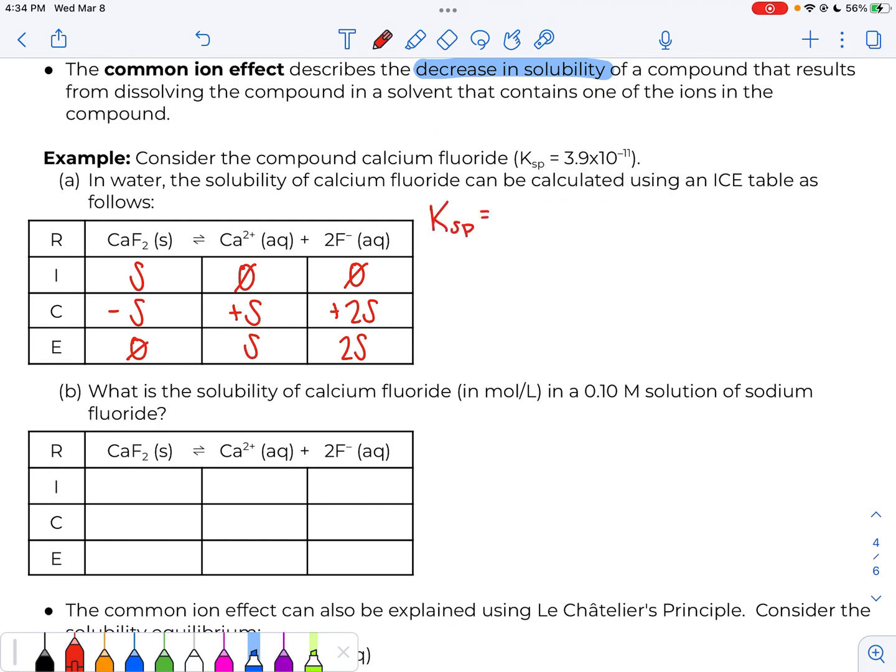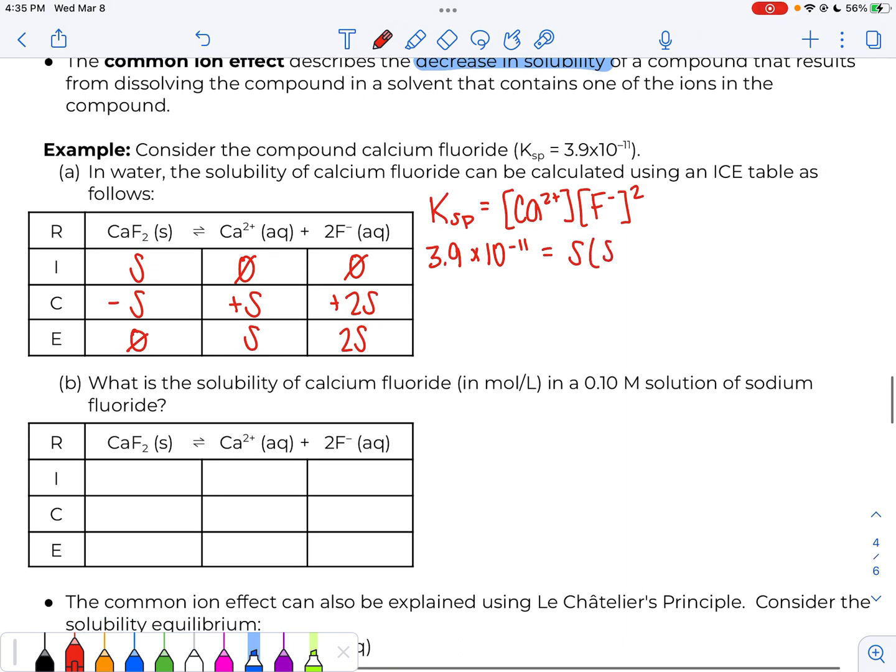All right, so our Ksp is going to be equal to the concentration of our ions. We have calcium and fluoride. Fluoride needs to be squared. In water, we know the Ksp value to be 3.9 times 10 to the negative 11th. This is going to be equal to S for our calcium and 2S squared for our fluoride.